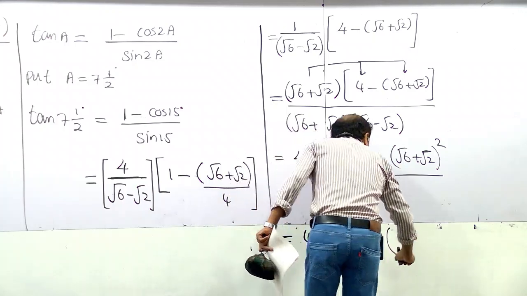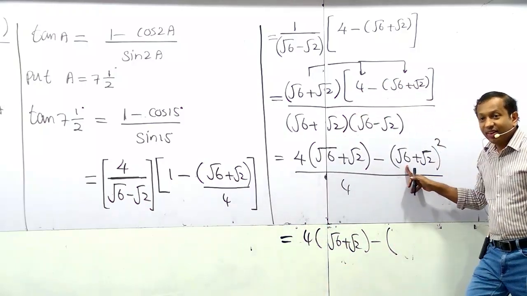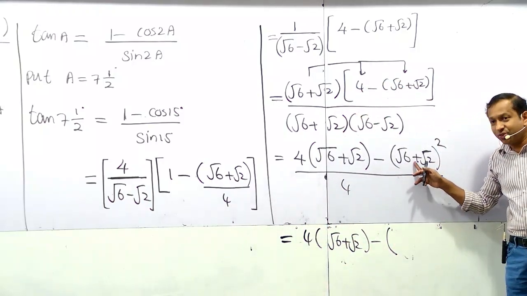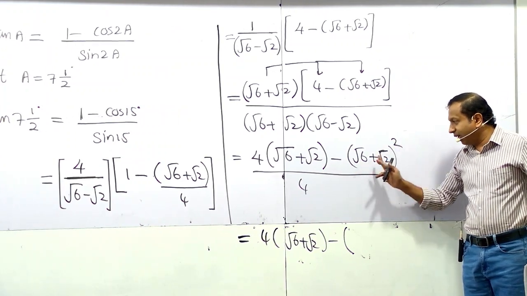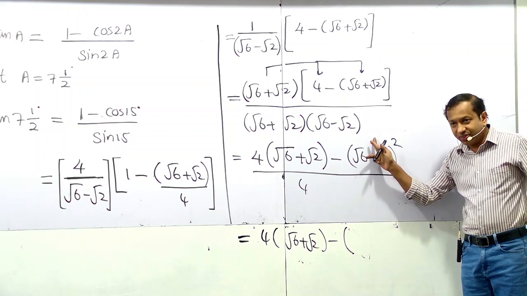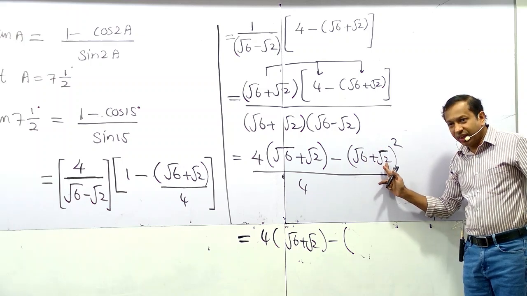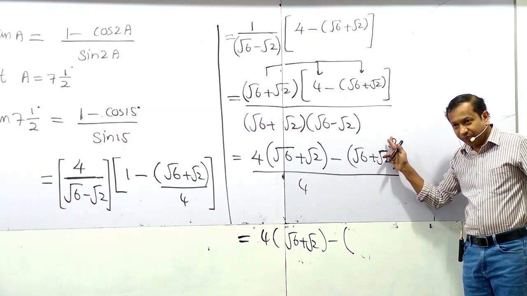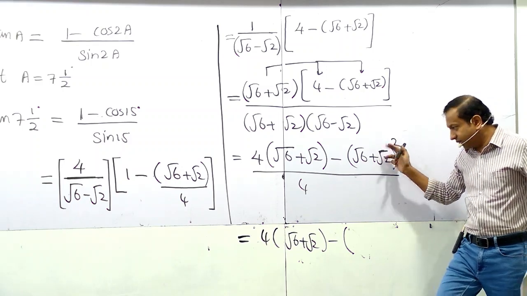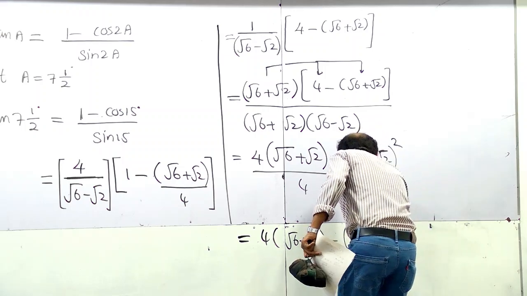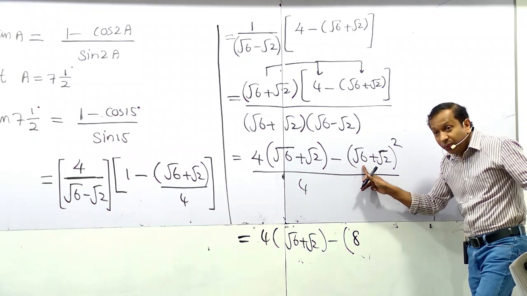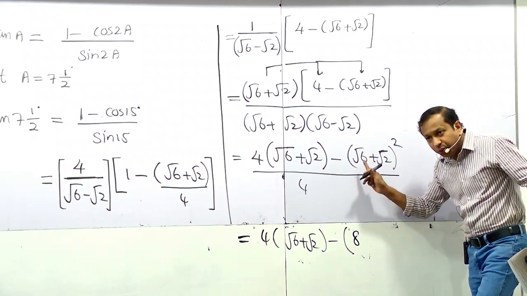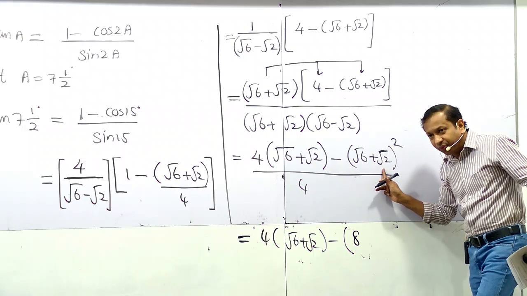Right. People, here what again? This is like (a plus b) squared. How to take? A squared is 6, b squared is 2, 6 plus 2 is 8. What is the middle term? 2 into 2ab, no? 2 into root 6 root 2.